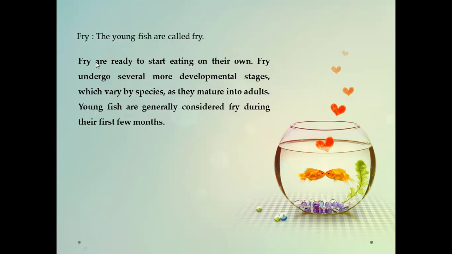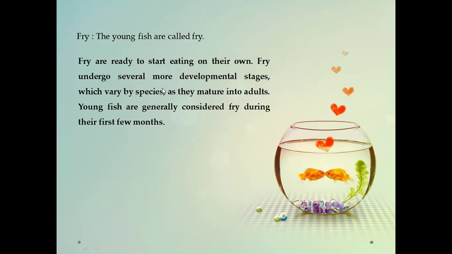Now in the next stage, what happens? A new, young fish is called fry. Fry are ready to start eating on their own. Fry undergo several more developmental stages, which vary by species.